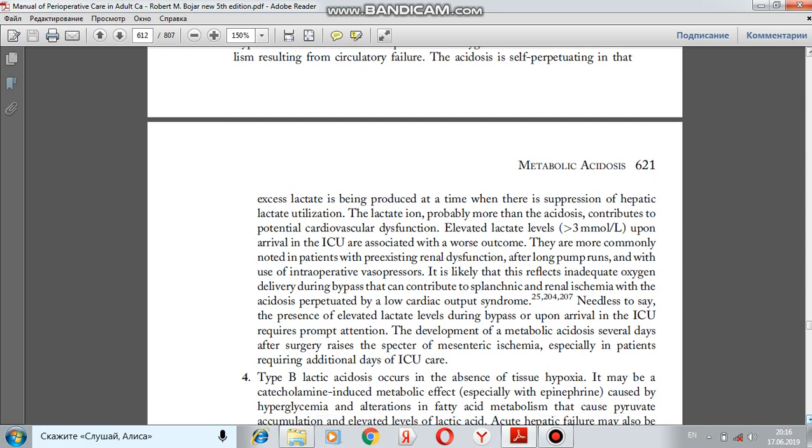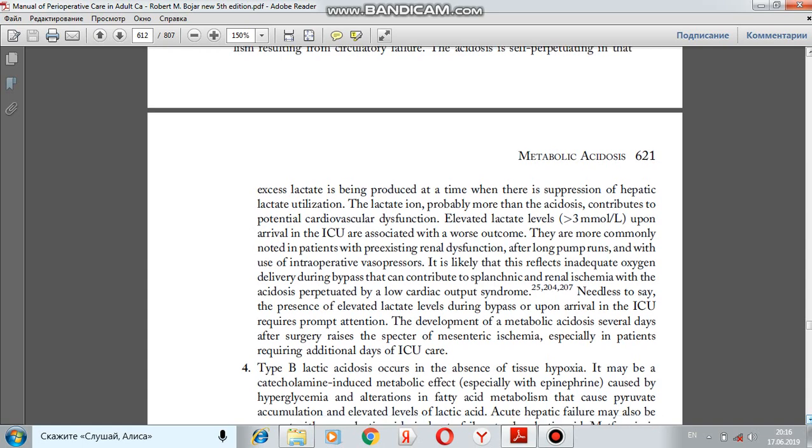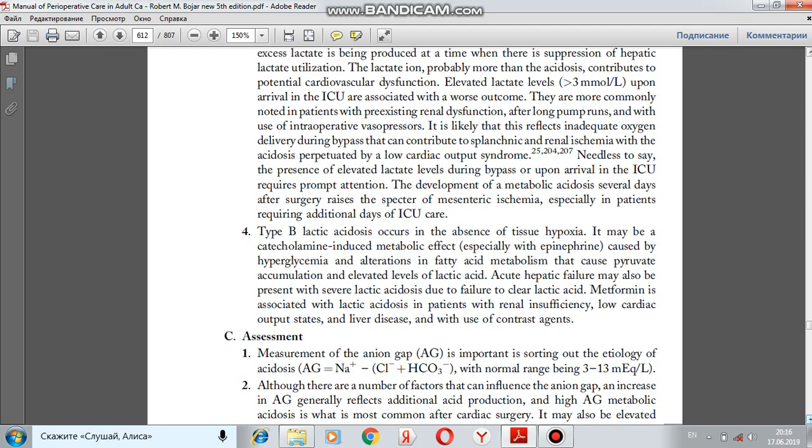Needless to say, the presence of elevated lactate levels during bypass or upon arrival in the ICU requires prompt attention. The development of a metabolic acidosis several days after surgery raises the specter of mesenteric ischemia, especially in patients requiring additional days of ICU care.